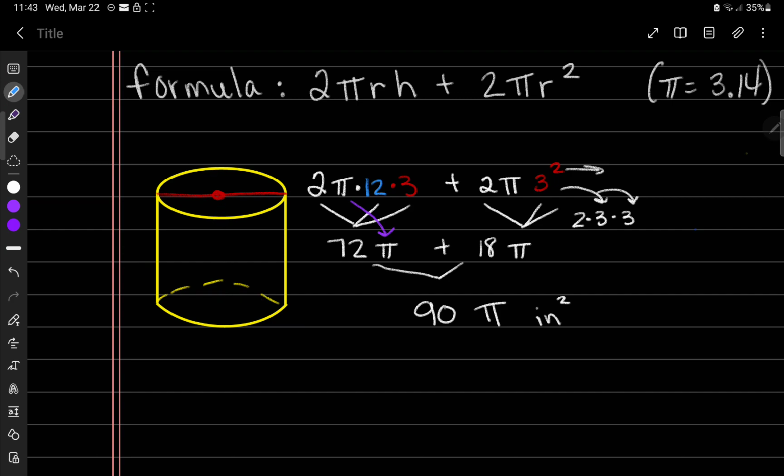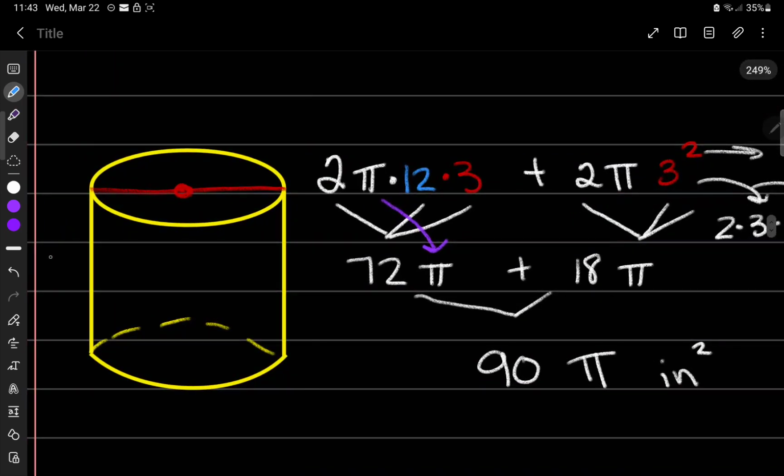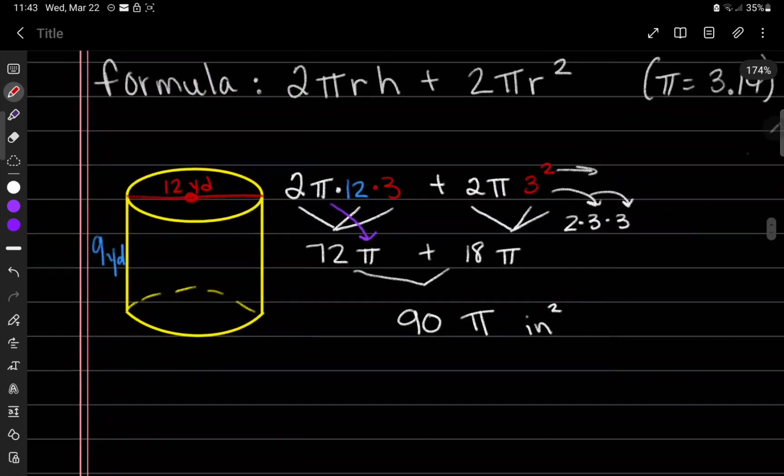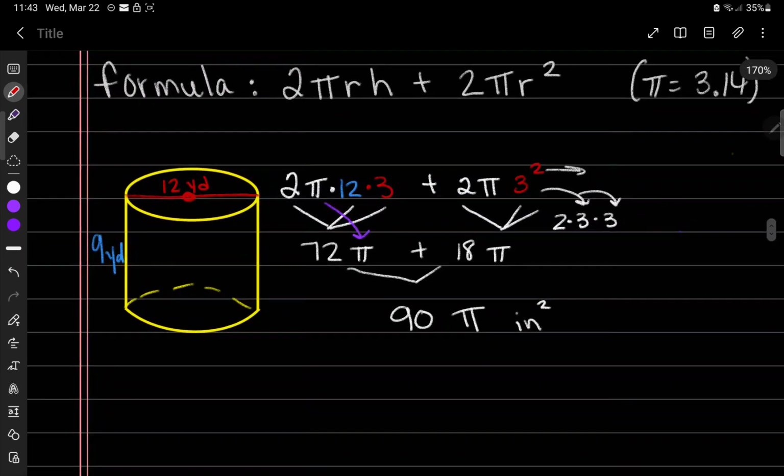So that's the only difference, is that instead of like in here, I can give you the information on the outside. So my height is 9 inches, or let's do a different unit. Let's do yards. 9 yards. And my diameter is 12 yards. So the difference for this one is that I gave you the diameter.